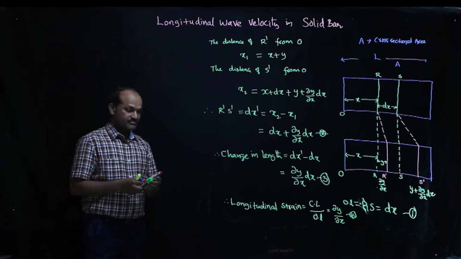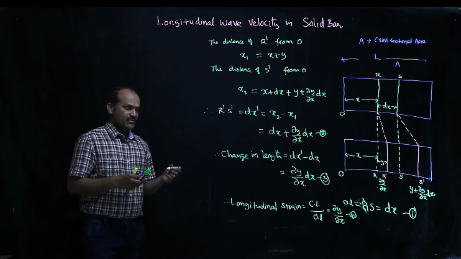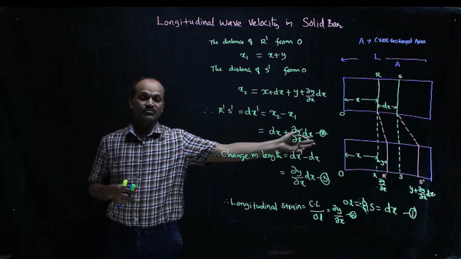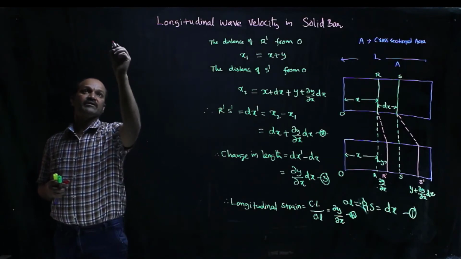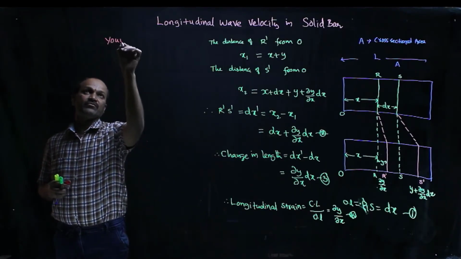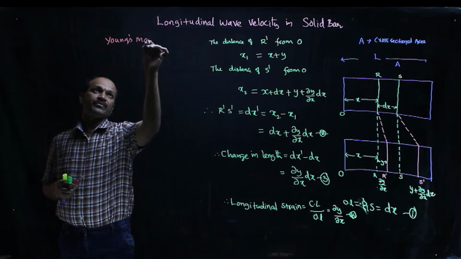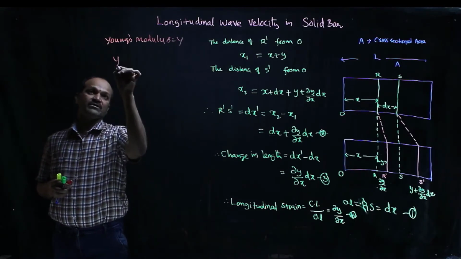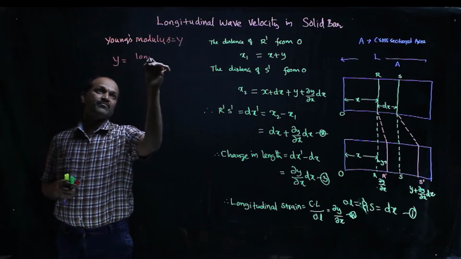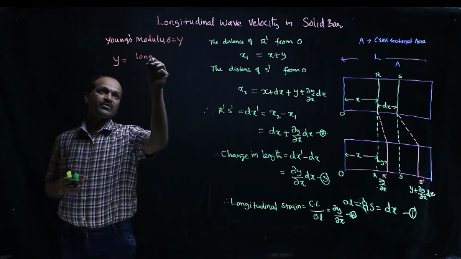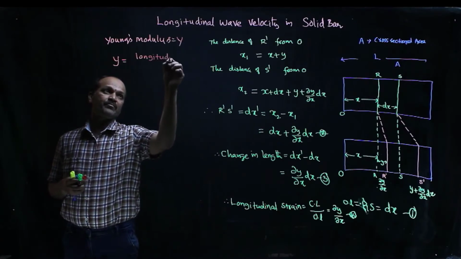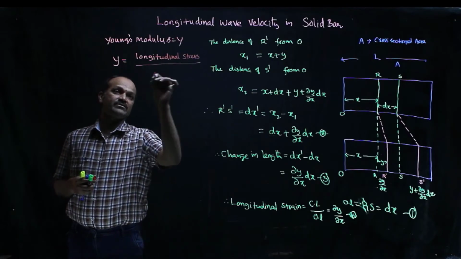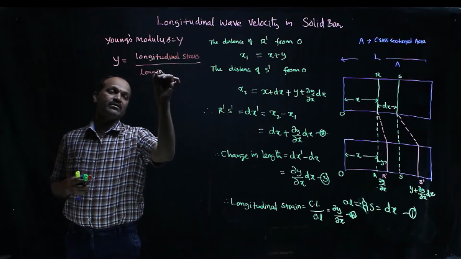and the bar has Young's modulus Y. The Young's modulus of the bar is Y. So what is Y? Longitudinal stress divided by longitudinal strain.